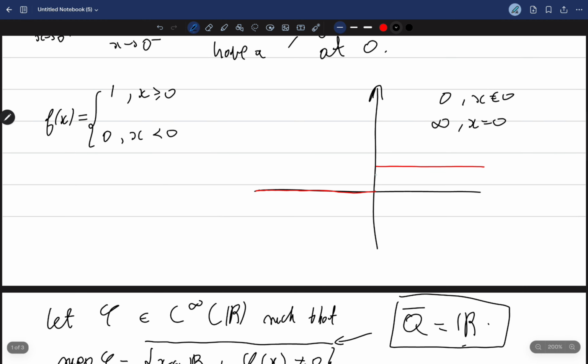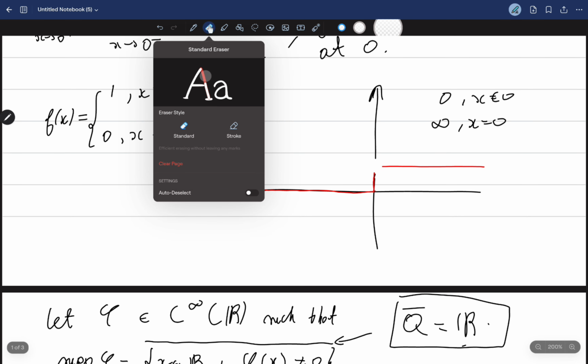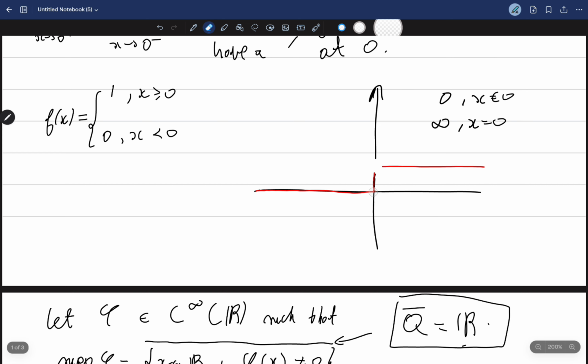And you can see that it's logical because we have a jump here. An explanation for this is, imagine that you take an approximation of the function by a continuous function, or by a smooth function. So for example, like this.